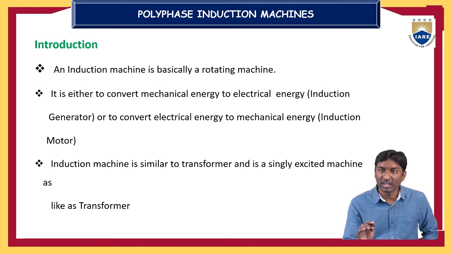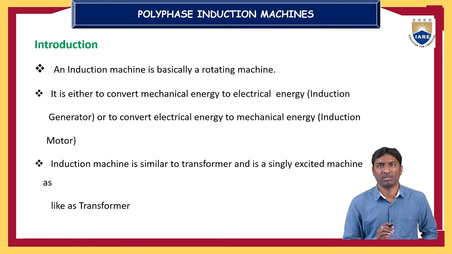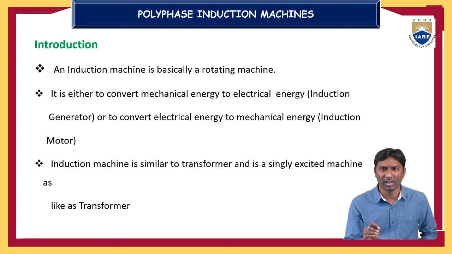In other words, polyphase AC machines are associated with rotating magnetic fields in their air gaps. Induction machines also depend on the rotating magnetic field only. Depending on the rotating magnetic field in the stator winding or rotor winding, the mutual induction process goes on.